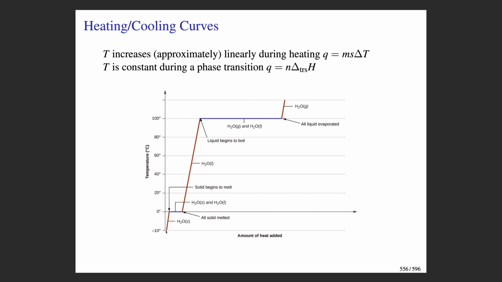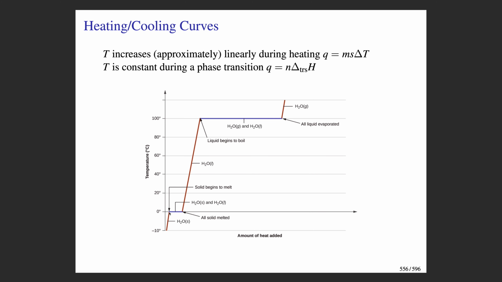The amount by which the temperature of the ice will increase is related to the mass and the specific heat. We'll remember this formula from the thermochemistry chapter. The amount of heat added is related to the delta T, and the proportionality factor is the mass times the specific heat. This is the heat capacity of your sample.